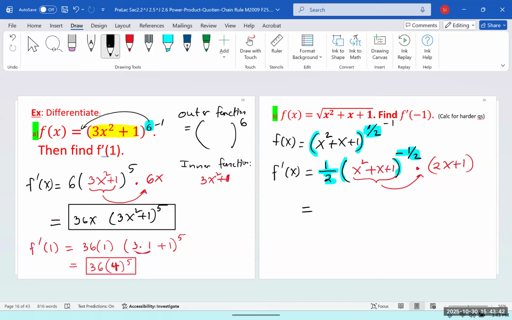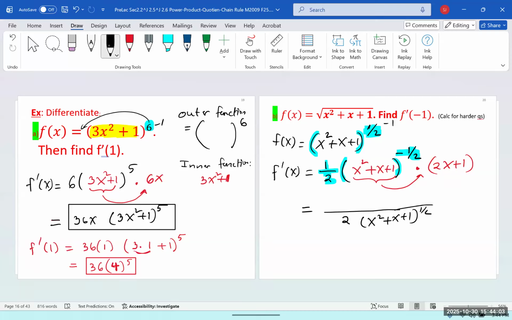2 is on the denominator, and this thing is also on the denominator because of the negative power. So we have two things on the denominator. One is 2, and one is x squared plus x plus 1 with the 1/2 power.